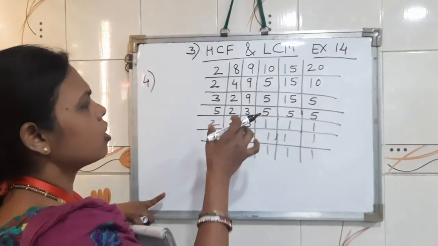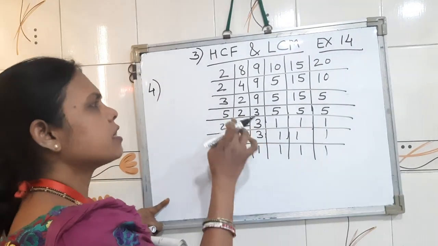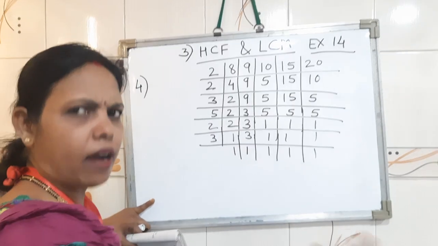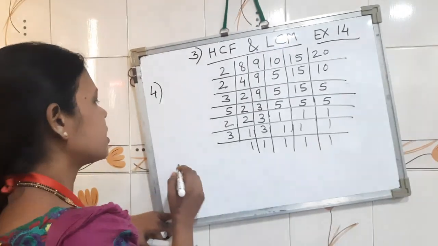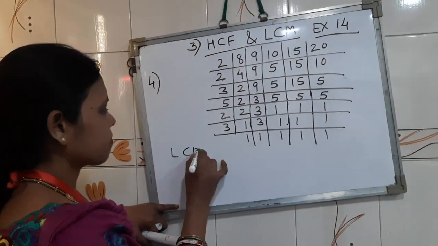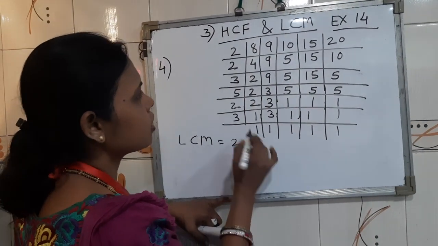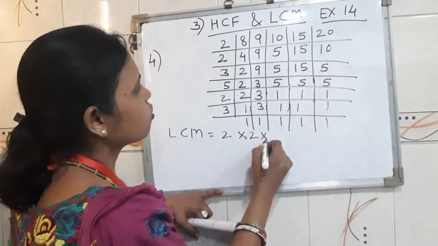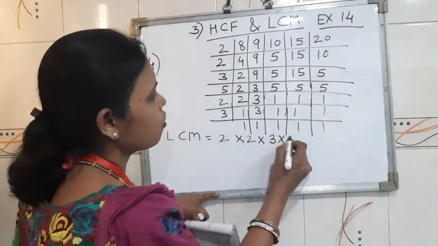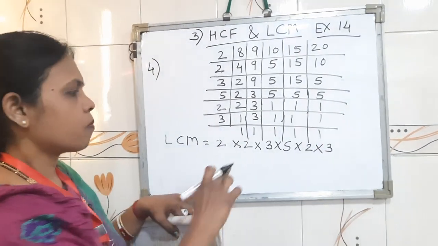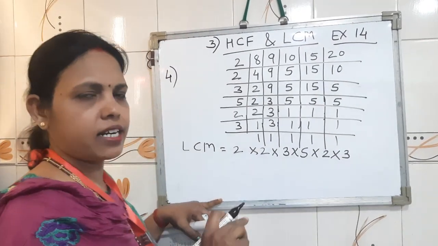If you don't want, you can stop here only after 4 factors, and 2 and 3 you can take while multiplying. Therefore, LCM equals the multiplication of all these factors: 2 into 2, 3 into 5 into 2 into 3. Product of all factors we had written.